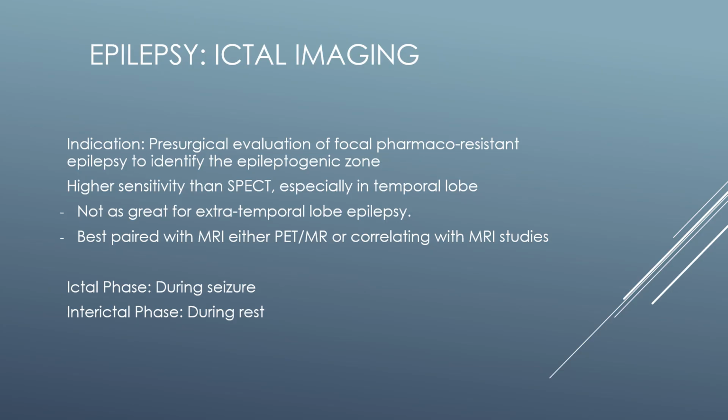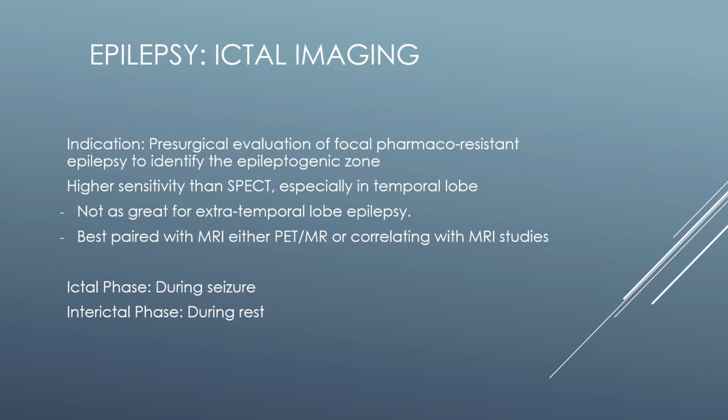It has much higher sensitivity than SPECT, especially in the temporal lobe. It goes up to about 80-something percent of seizure foci that it will find, and SPECT is only in the 60s. So it's much more sensitive to actually finding the disease.